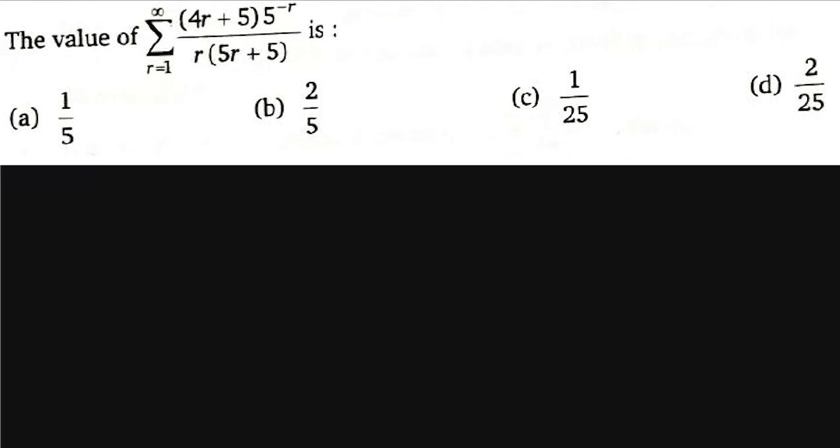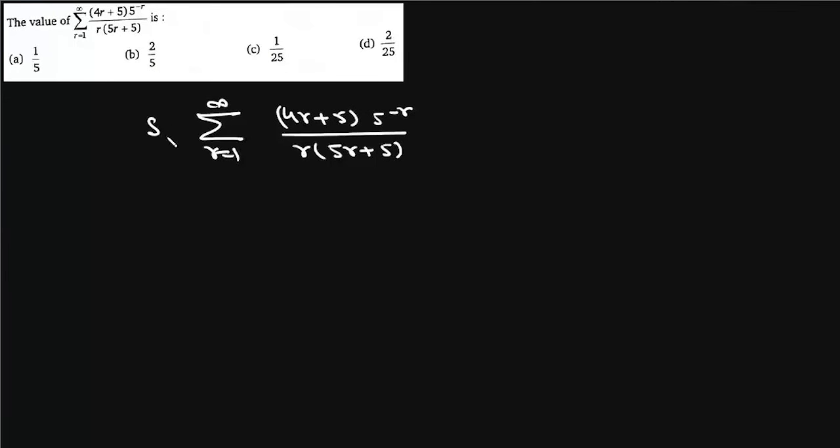Now here the question is, we need to find the value of this series, which is this summation r varies from 1 to infinite, and this is 4r plus 5 into 5 to the power minus r upon r into 5r plus 5. And that's your S infinite. Now what we'll do is we'll first find the sum up to n terms.